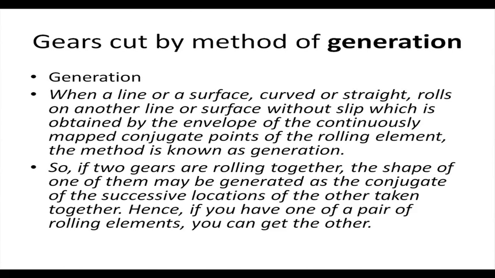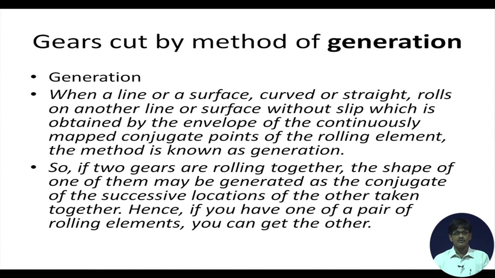When a line or a surface, curved or straight, rolls on another line or surface without slip, which is obtained by the envelope of the continuously mapped conjugate points of the rolling element, the method is known as generation. This definition is taken from Principles of Machine Tools by A. Bhattacharya.